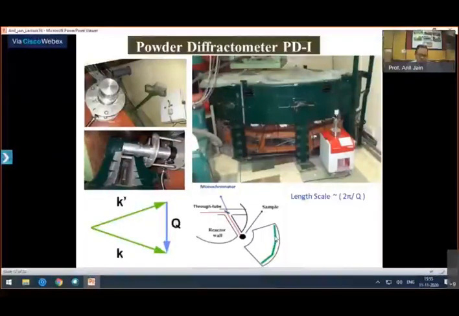The length of these detectors is divided into channels, something like 1024, and then you calibrate this instrument and convert this channel into the 2 theta value, and then you put your sample and get the data in intensity versus Q or intensity versus 2 theta.